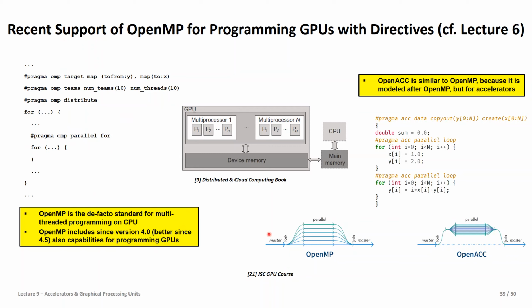OpenMP gave us the master thread, which at some point forked different parallel threads and then joined them again. In the same way you could imagine how you would program a GPU. It's very similar: you have a master process working on some application problem, and at some point you want to accelerate certain mathematical operations. You want to offload this to a GPU by using some kind of kernel.